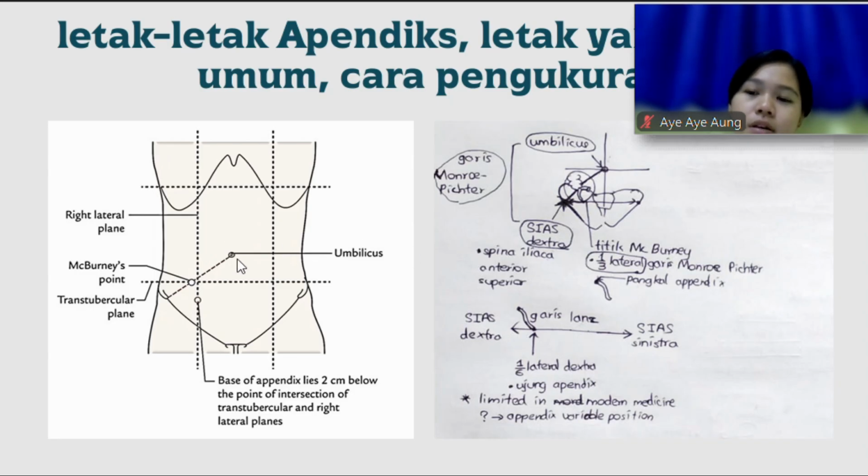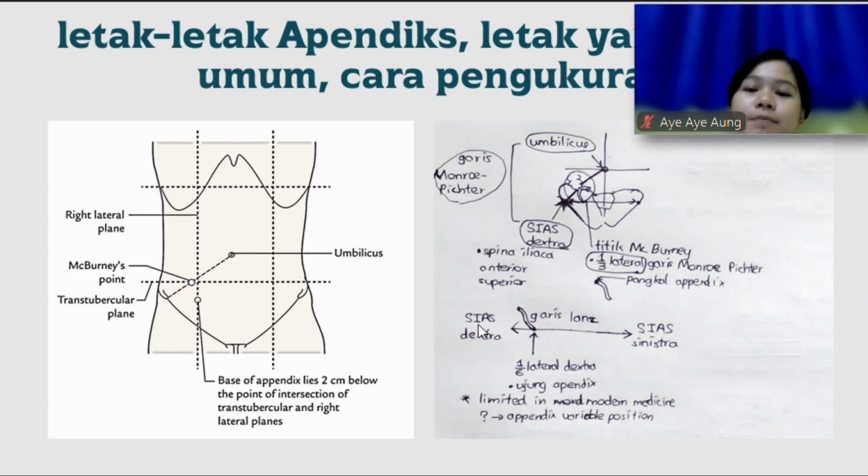And then at the 1/3 part of the Monro-Richter line, we will have the McBurney point, and the base of the appendix will be at that point.